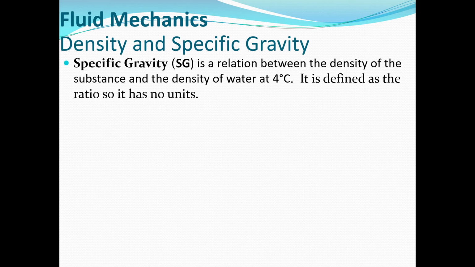Because it's a ratio, it doesn't have a unit. So you could think of this as the equation: the density of an object is equal to its specific gravity times the density of water. So for example, if a material has a specific gravity of 4, that means it's 4 times as dense as water. That's all specific gravity means.